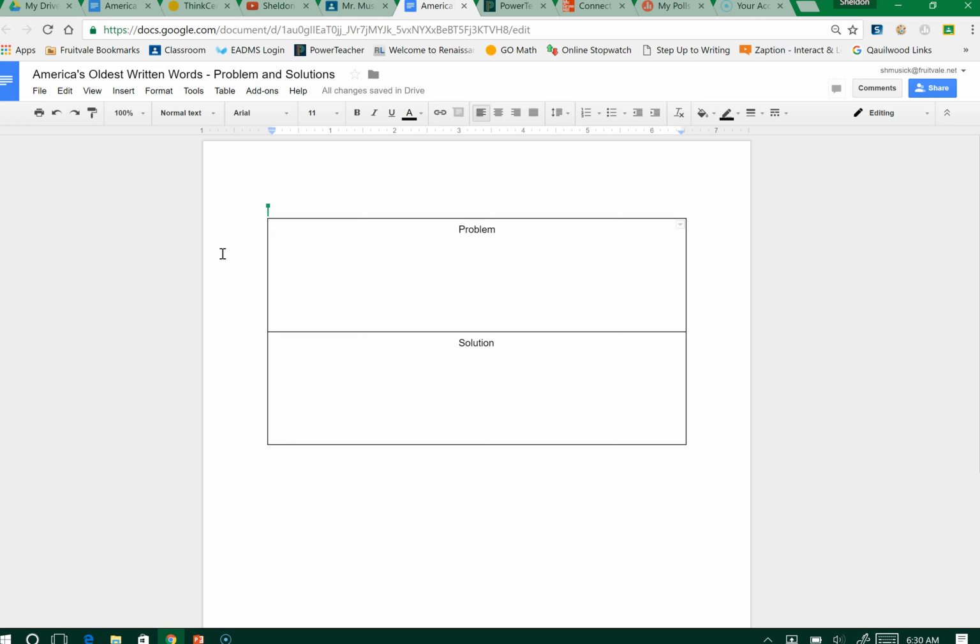So this one we had to do some really looking deeper, inferencing, because they don't specifically state, you know, the problem was this. So we have to kind of read between the lines here on page 174. So what was the problem they were facing? The problem was that these anthropologists wanted to know what was the oldest written words in the Americas.